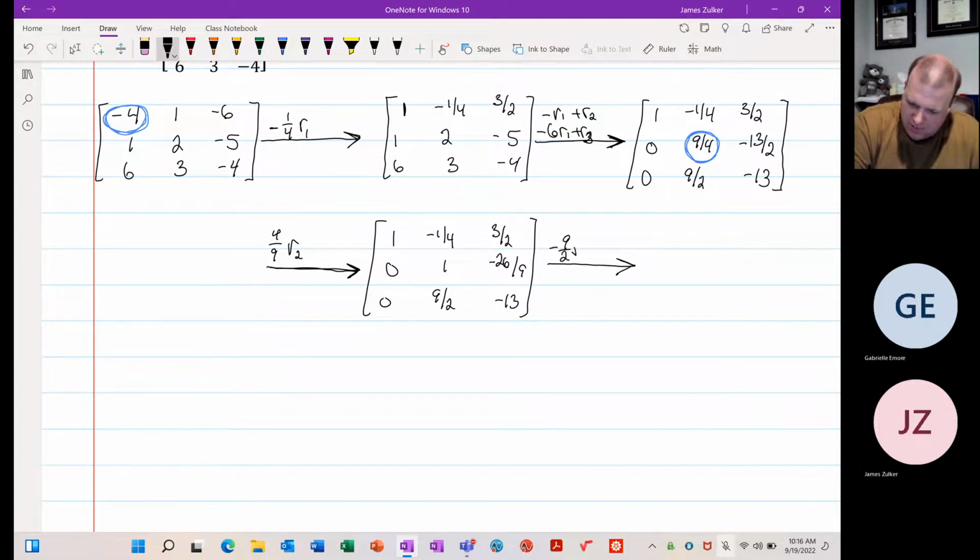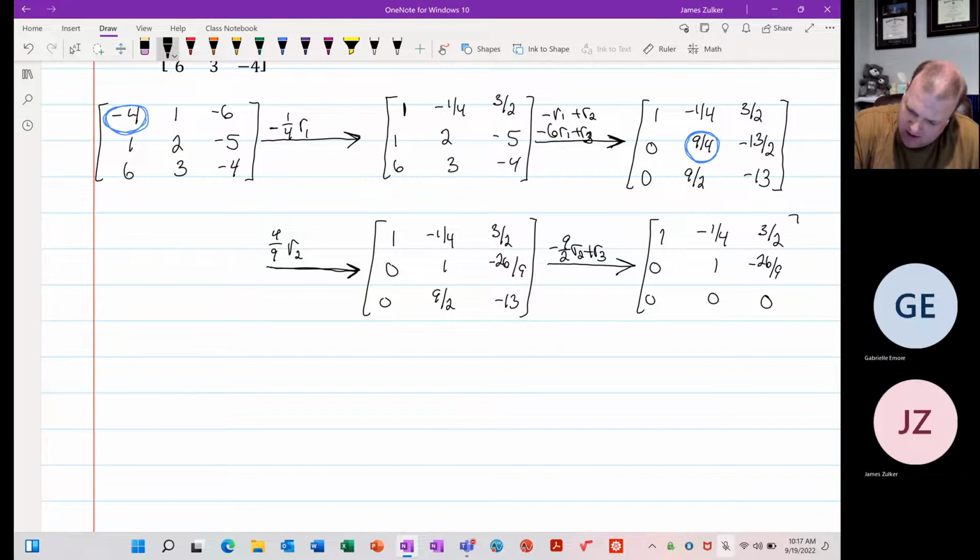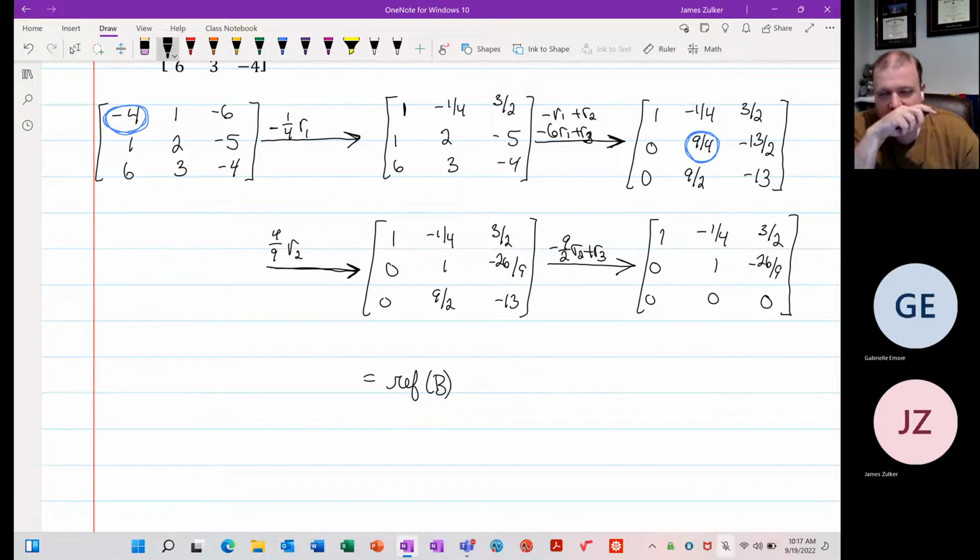Then -9/2 row 2 plus row 3 will make the 3/2 entry 0. And we actually get 0 there, which is nice. We're done. So there's the REF of B.